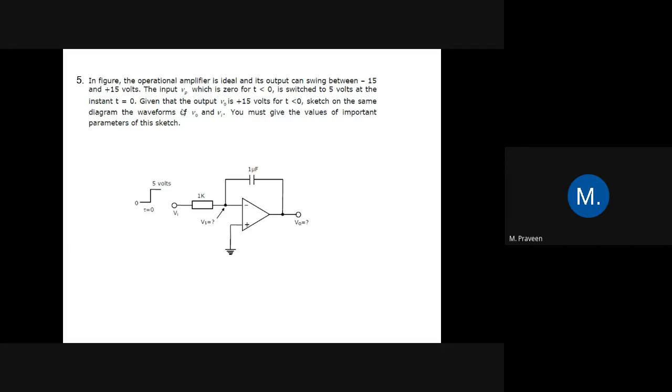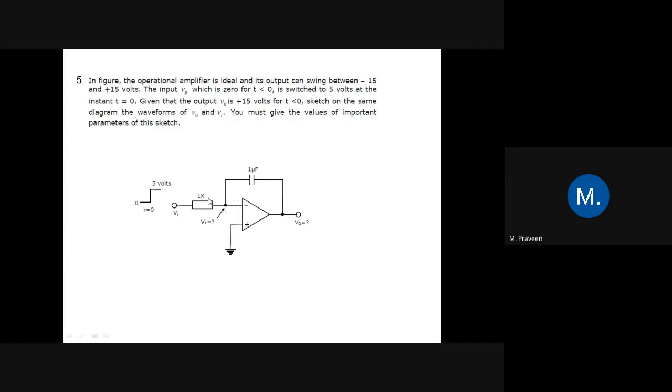Actually, they have given a circuit diagram and the conditions for the input and the output. What we have to find is the graphical waveform for input VI and output V0. I think it's a very simple question. The circuit here is nothing but an integrator.